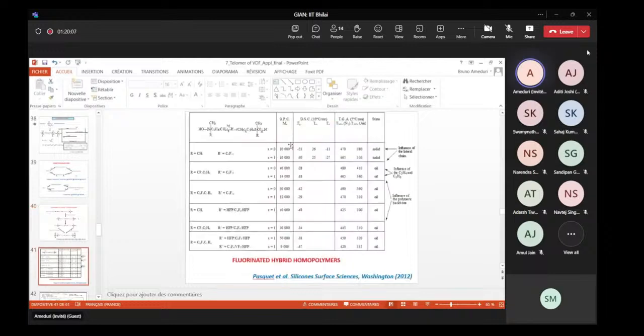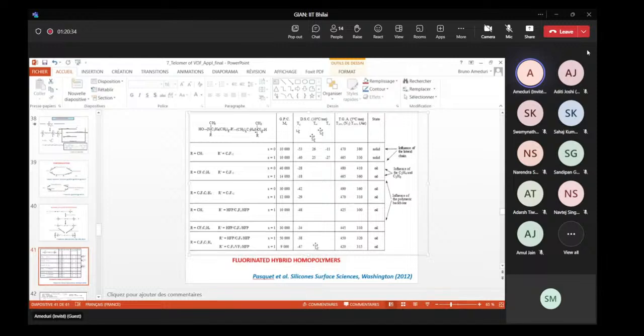We have the different compounds with RF that can be C6F12 or even HFP, C4F8 HFP, or even with VDF, C4F8, TFE, one VDF, one HFP. It was not necessary to have a high molecular weight, but it was very important to have a well-designed telechelic compound in order to allow this homopolymerization.